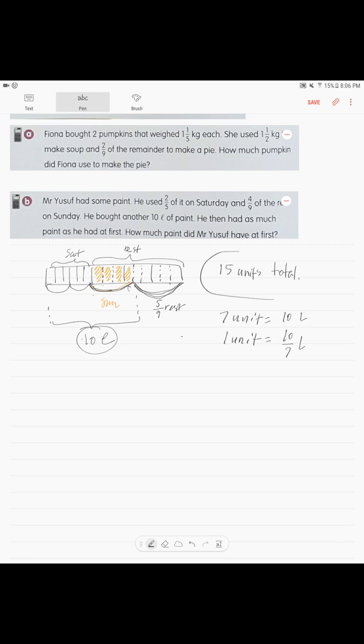They're asking us how much is total, right? Which means 1 unit is 10 over 7 liter. Let's keep it as improper fraction, right? And then 15 units is how much? 15 units is 15 times 10 over 7, right? Okay, do your math. All right, something is wrong.